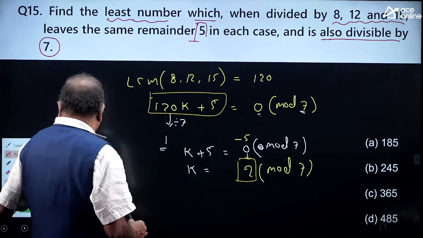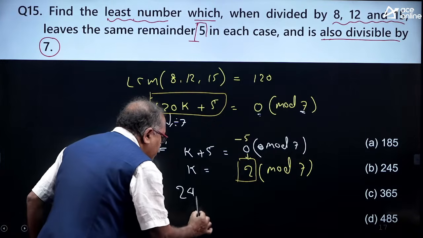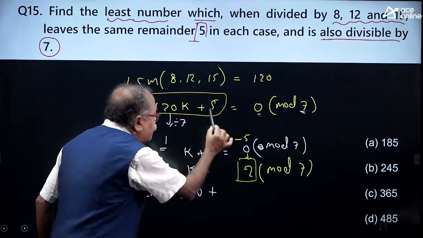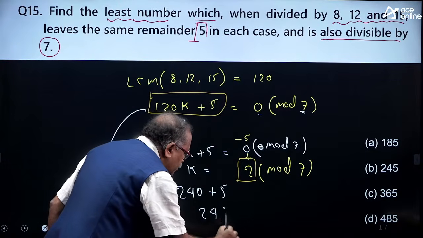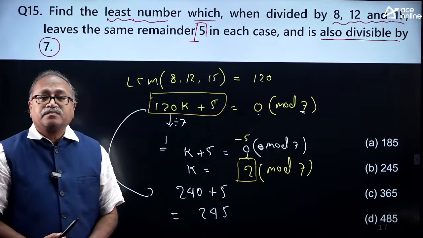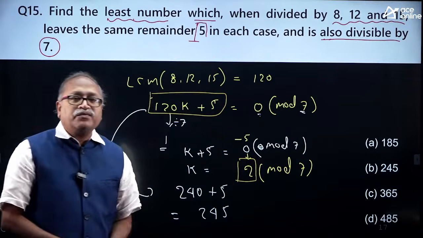So, 240 plus 5, my answer is 245. Did you understand this, my friend? It's a learning for you.